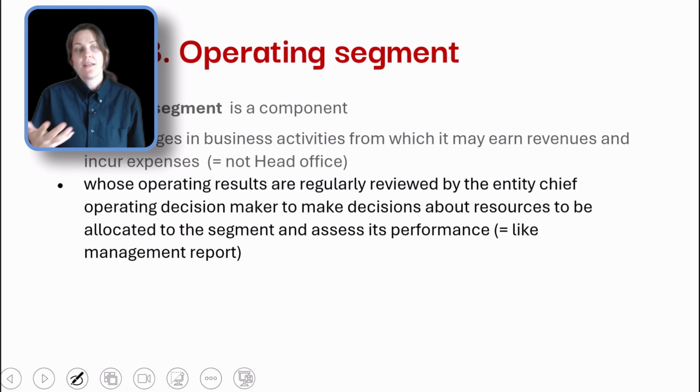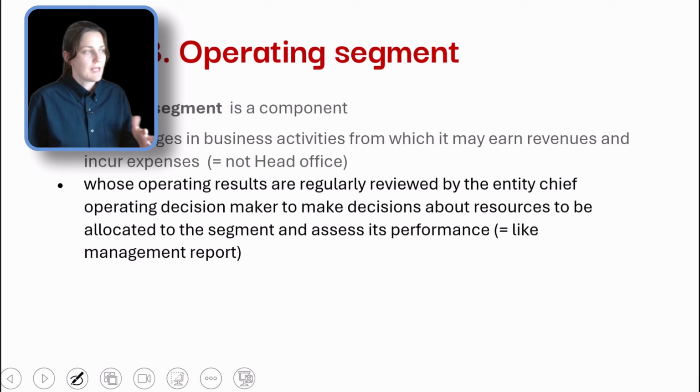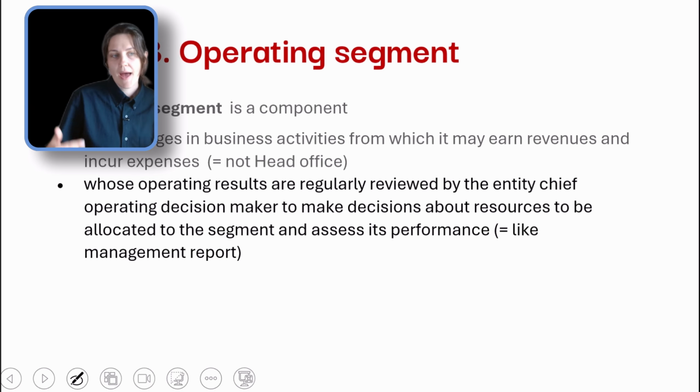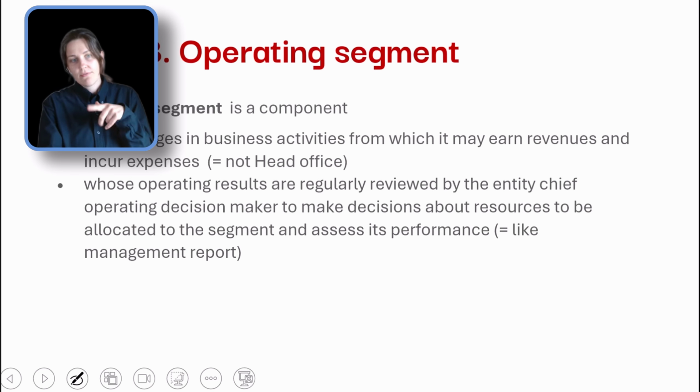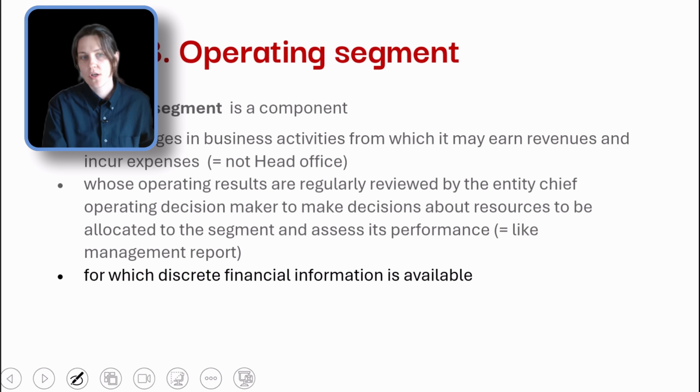So it has to be something like a management report that is going to be used later. This means that we can't just look at the numbers and organize them as we like. We actually need to use the breakdown that management uses, and for which discrete financial information is available. Usually there is financial information available, because IFRS 8 is obligatory for companies that have traded debt or are listed, and by that time they have good corporate governance. So study the definition of IFRS 8 operating segment.